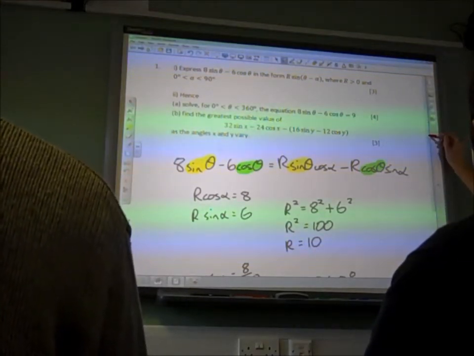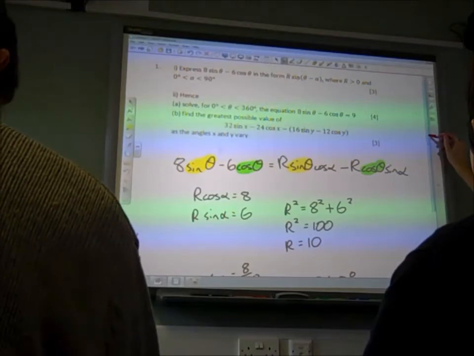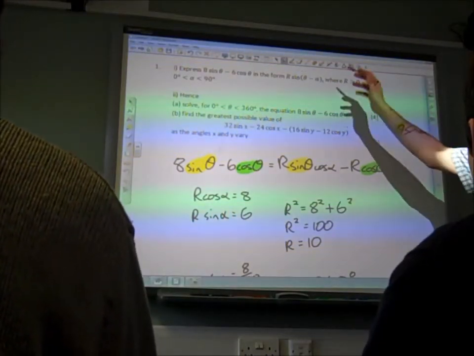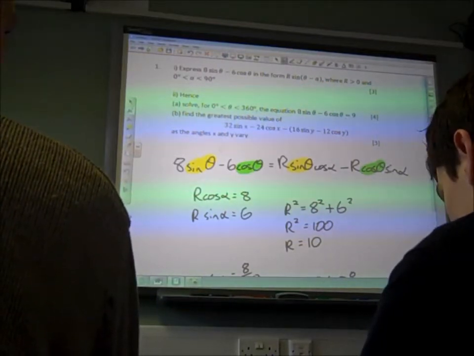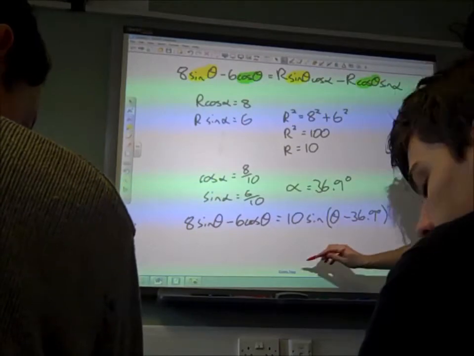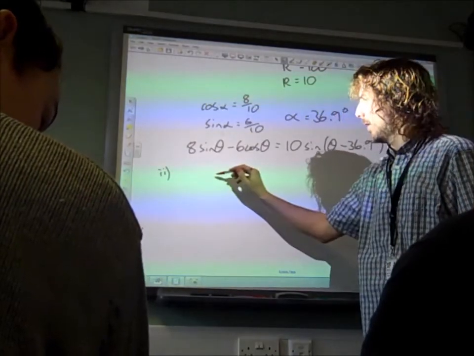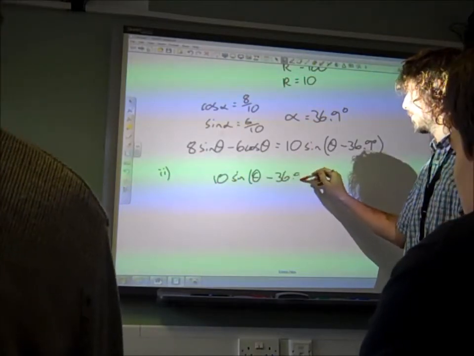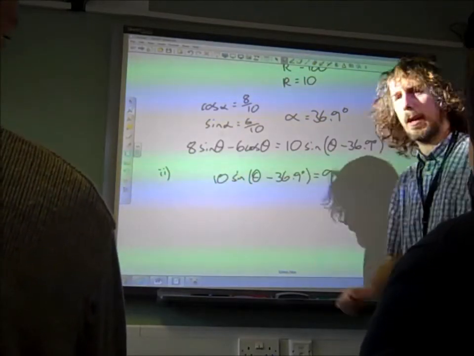Hence, solve for theta in the range 0 to 360 the equation that equals 9. So that's what we started with, isn't it? We're really saying that 10 sine of theta minus 36.9 is equal to 9.